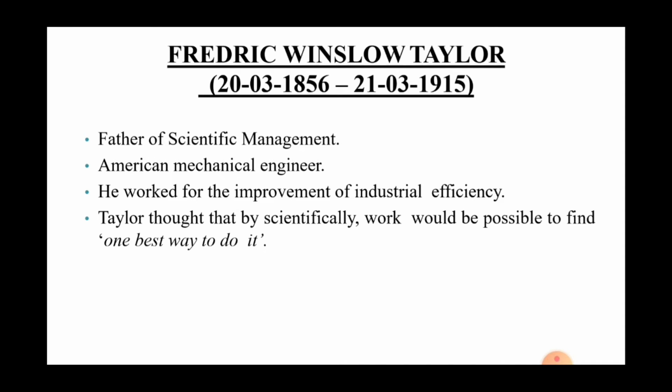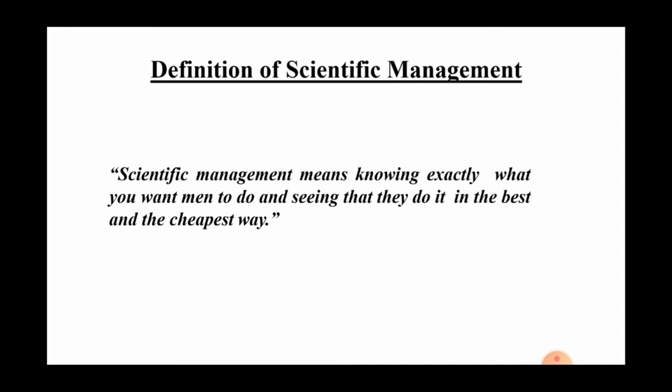So, scientific management theory is the substitution of exact scientific investigation and knowledge for the old individual judgments or opinions in all matters relating to the work done in shops or industries.